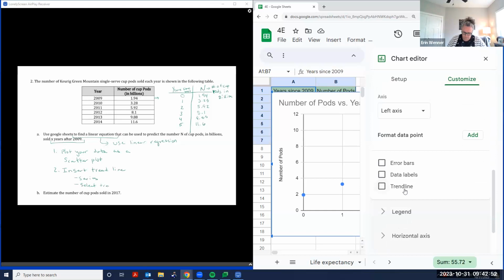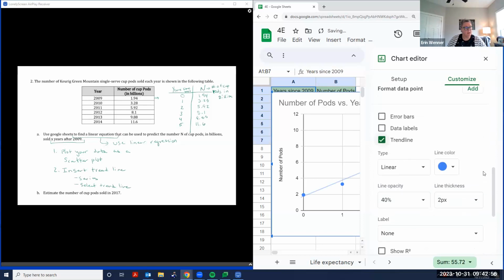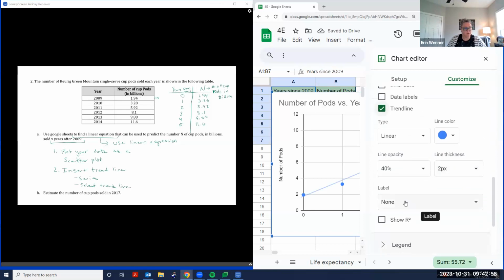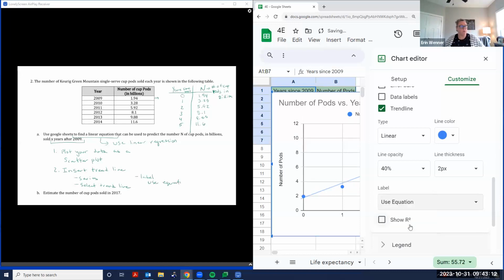All right, we're going to select that trend line. And then under label, we're going to choose use equation. And that will give us our equation.